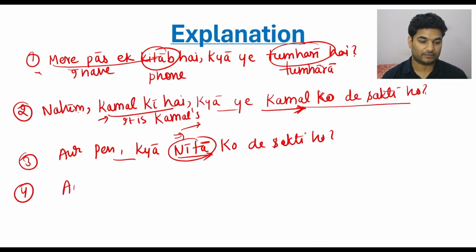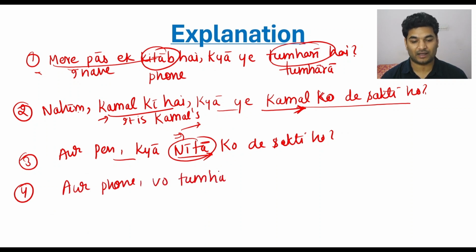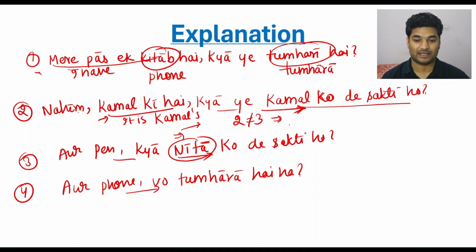And phone, और phone, वो तुम्हारा है ना? तुम्हारा है ना? Now, seeing that two out of these three things do not belong to Rita, but she had these things and she forgot these three things at Neelam's place, Neelam's home.